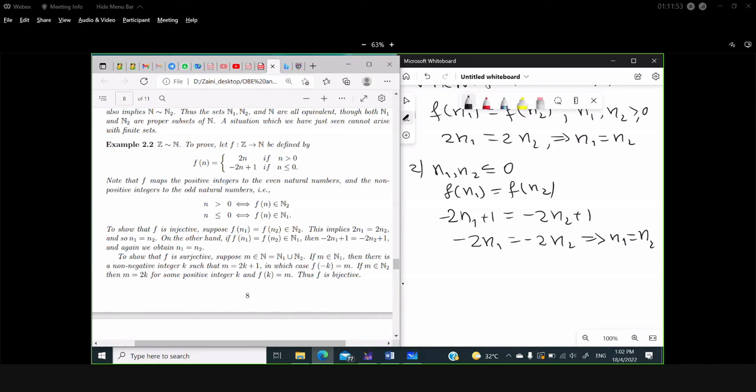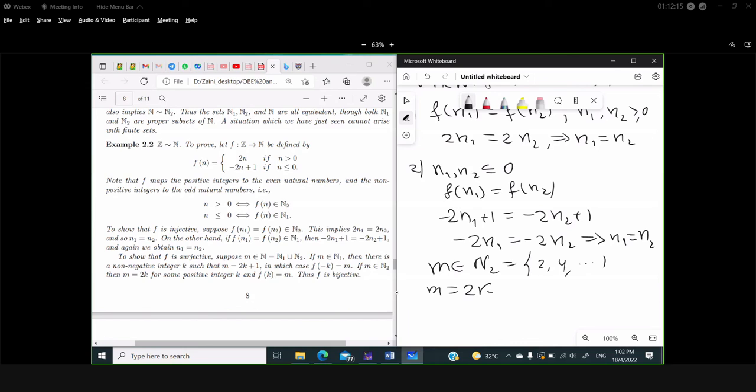Please pay attention: if m belongs to N2, which is 2, 4, and so on, then m can be given as 2k for some positive integer. Then f of k. It is correct.